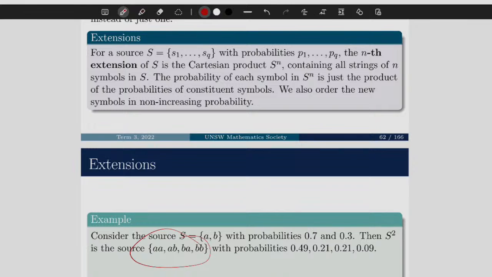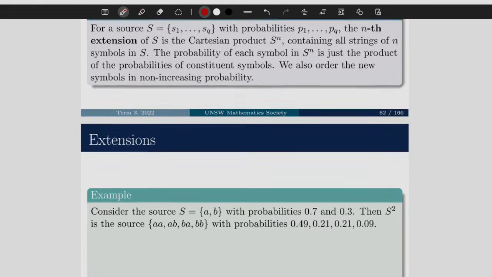All the possibilities where it is length 2, right? And these probabilities can be easily found, because naturally AA is just going to be 7 on 10 squared, right? AB, 7 on 10 times 3 on 10, all of that, which gets us these probabilities. Very easy to calculate, right?